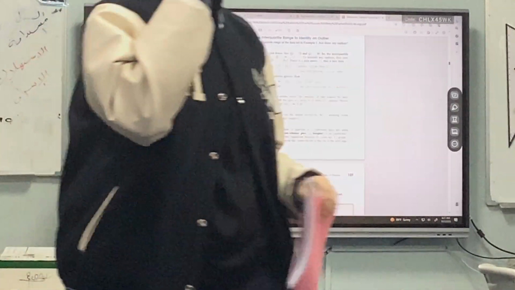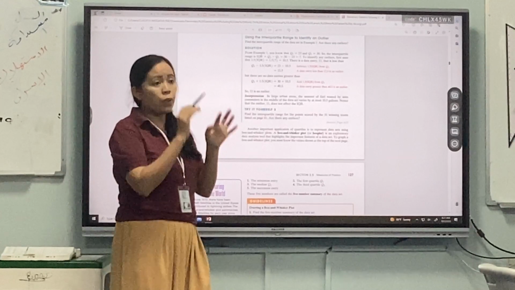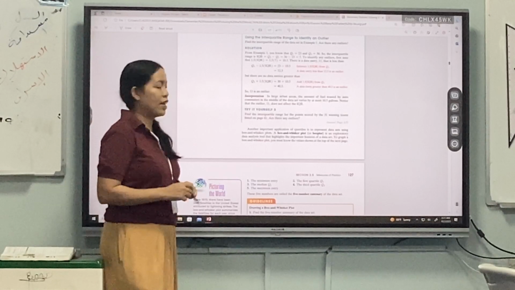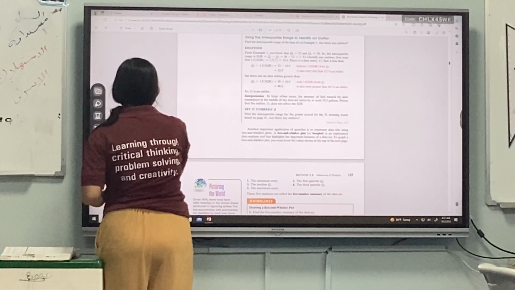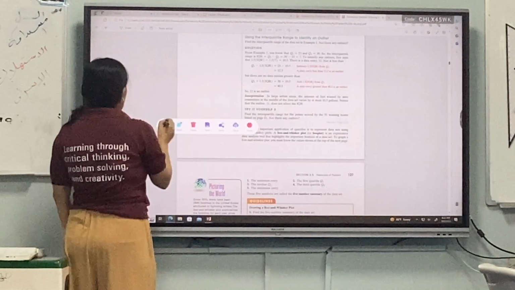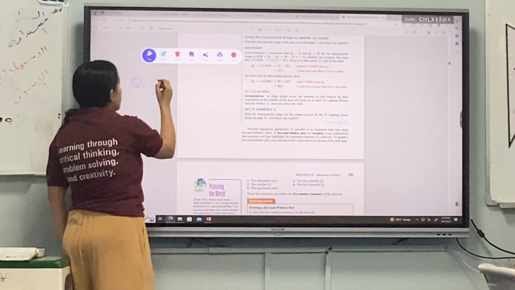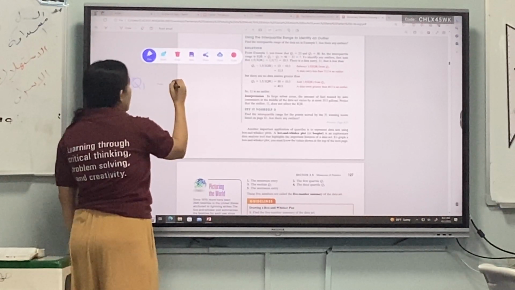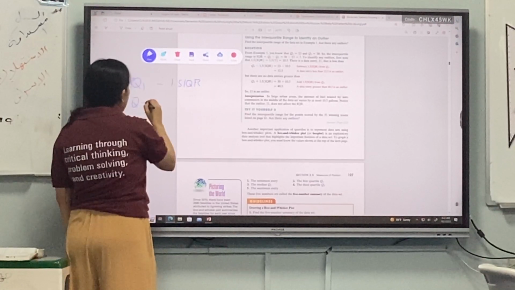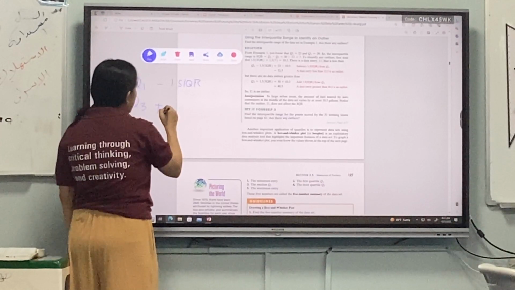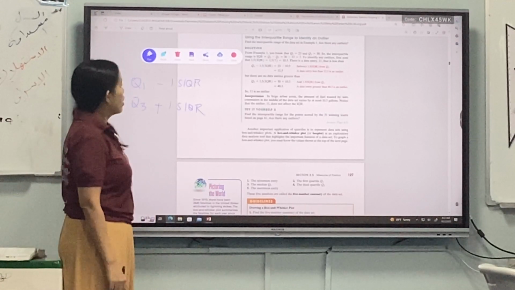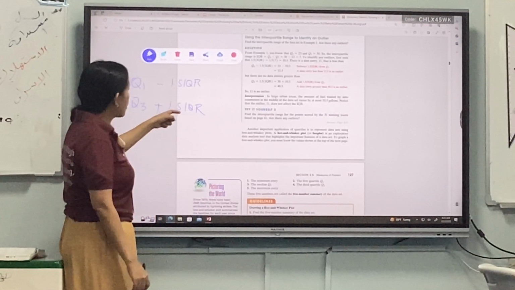I thought it's quartile 1 minus 1.5 IQR, and quartile 3 plus 1.5 IQR. Yes, it's just multiplication. Meaning 1.5 times your IQR.